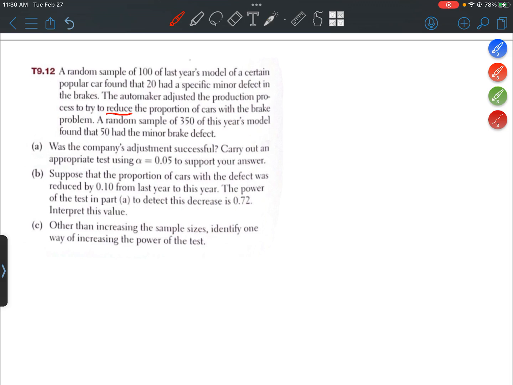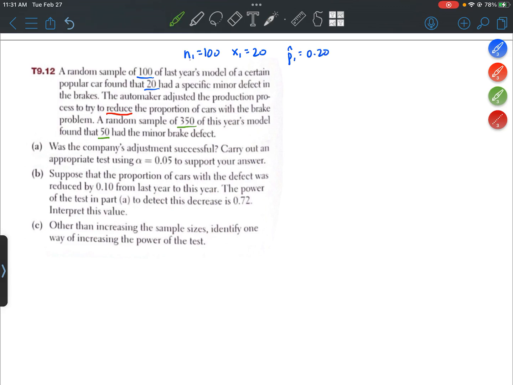All right, so let's just write some things down. Last year we had 100, 20 had the defect. This year it's 350 and 50 had the defect. Okay, so let's write N1 equals 100, X1 equals 20, so P hat 1 equals 0.20.